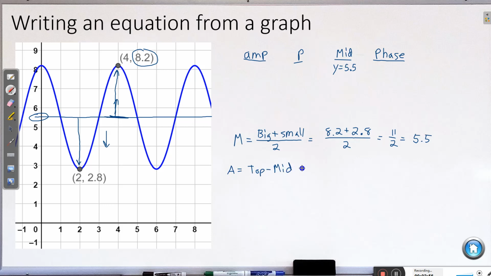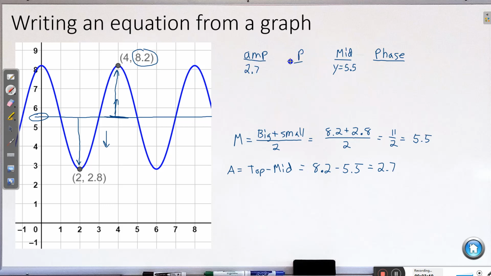Now that would also be the same as the middle minus the bottom, same thing. So we are going to take the top, which is 8.2 minus 5.5, and so that is 2.7. So our amplitude is 2.7.